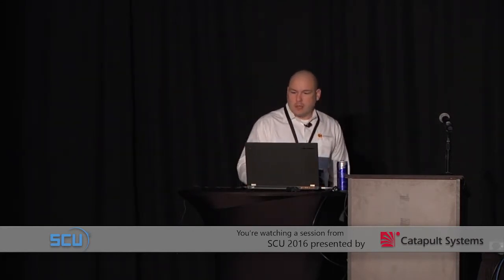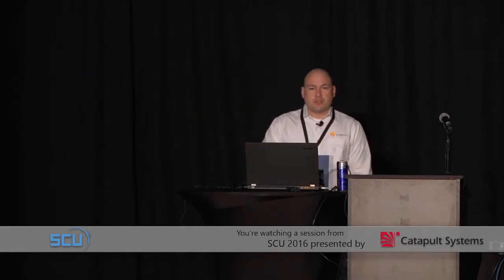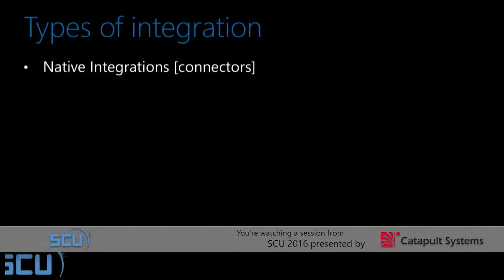So let's talk about our types of integration. There's a million of them out there, and I'm just going to highlight some of the ones that I think are most relevant to us in this audience. So number one, we have native integrations, and these are things that you probably work with on a daily basis, like connectors.